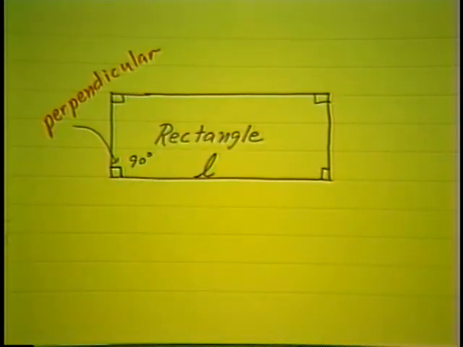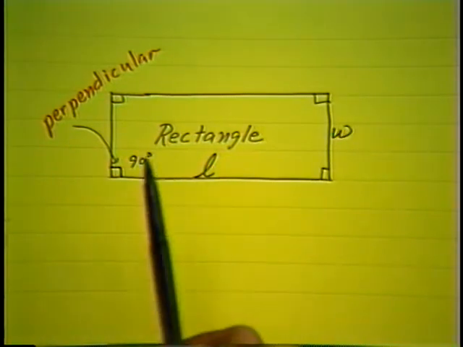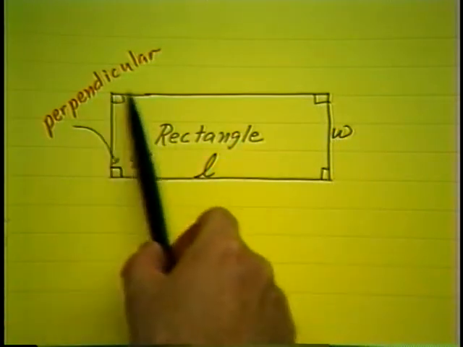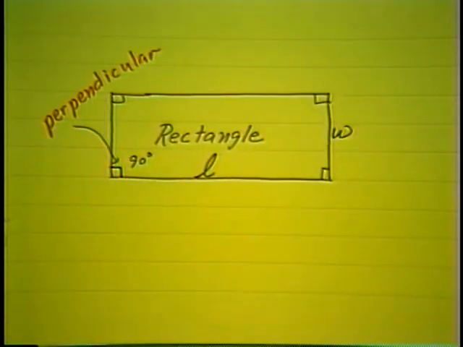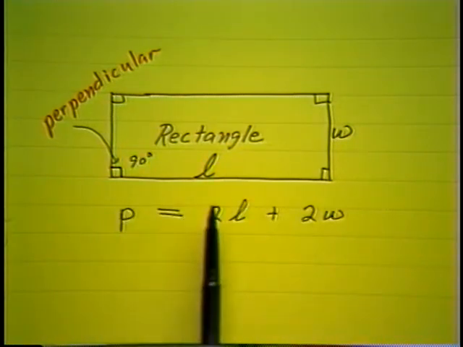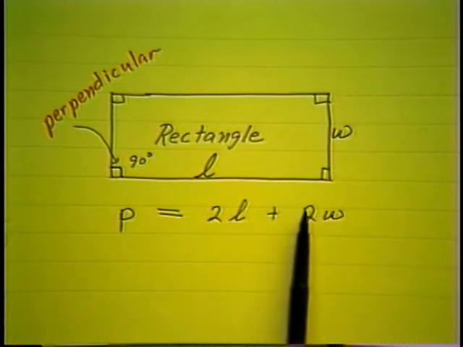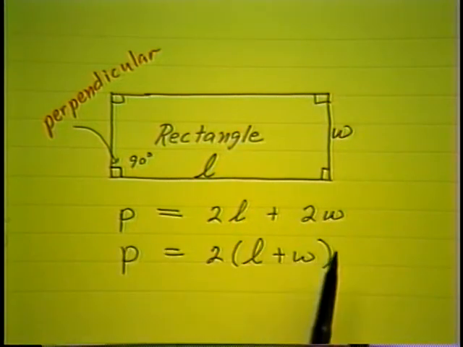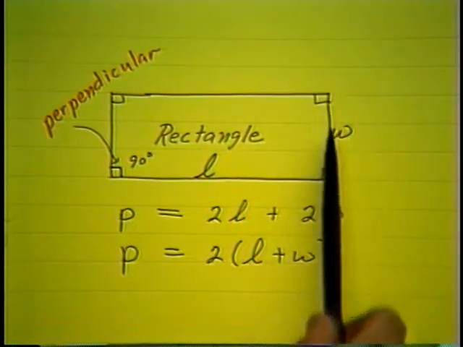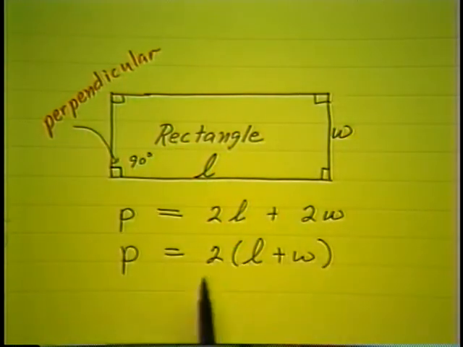Now this rectangle has a length and it has a width. And to find the perimeter, we simply took 2 of these and added to 2 of those. So let's state that in pure symbols. Symbolic perimeter is 2 times length added to 2 times the width. Or we could have said, let's add the length and width first and then double the sum, and we get the same results.